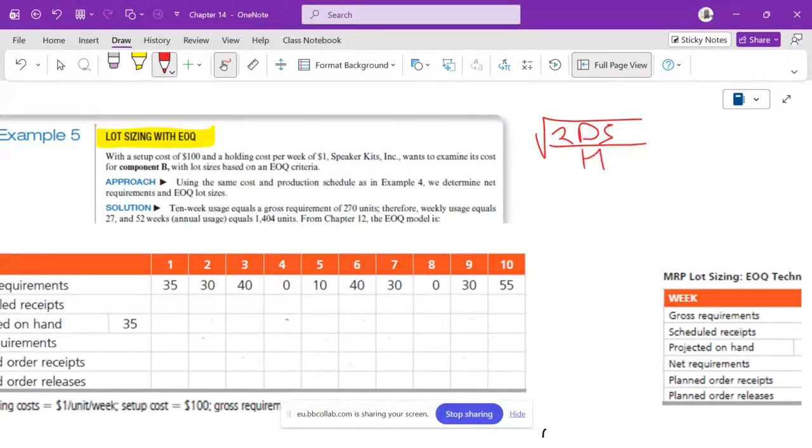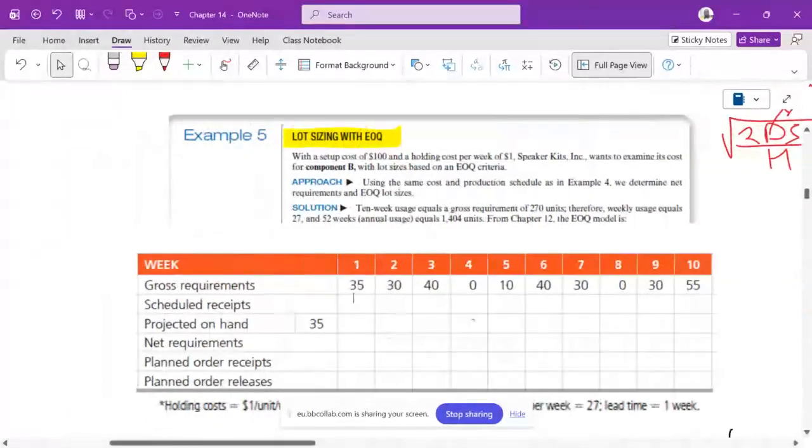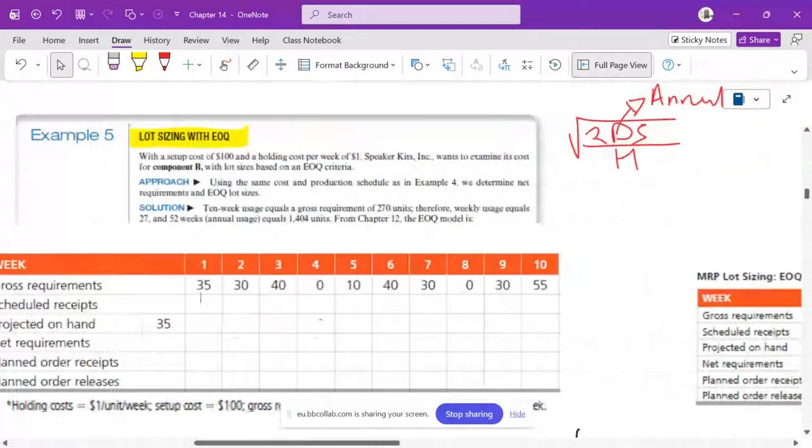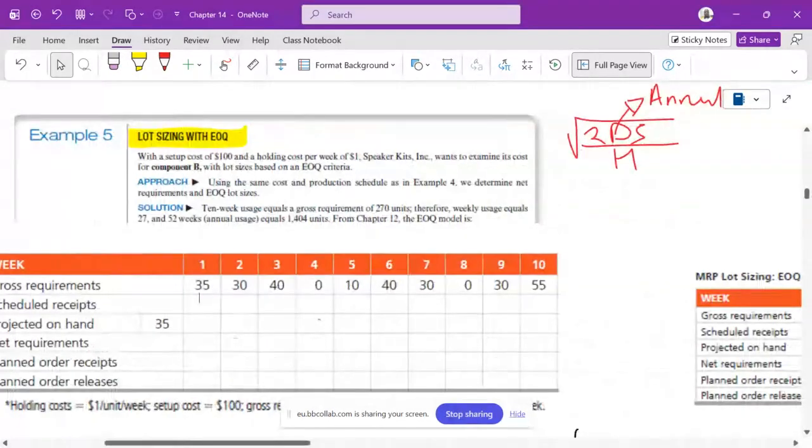And the D is actually annual demand. This is annual. These are weeks. 1, 2, 3, 4, 5, 6, 7. Those are weeks. So now, if these are weeks, we want the D. We will then add all this information here.